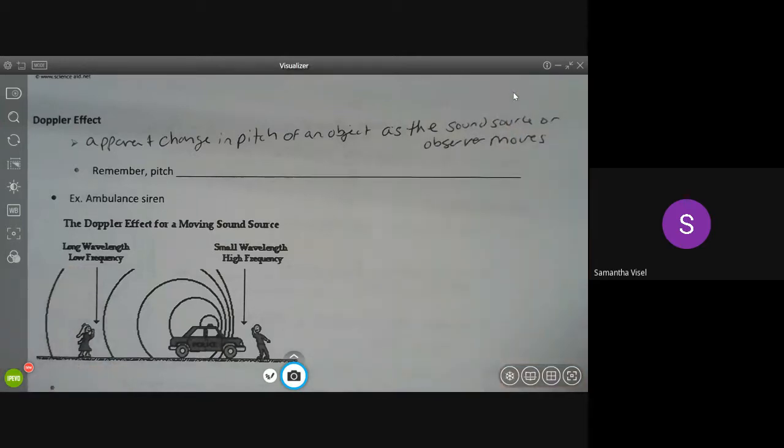So the sound source being whatever is emitting the sound, or the observer being someone that hears the sound as they move.